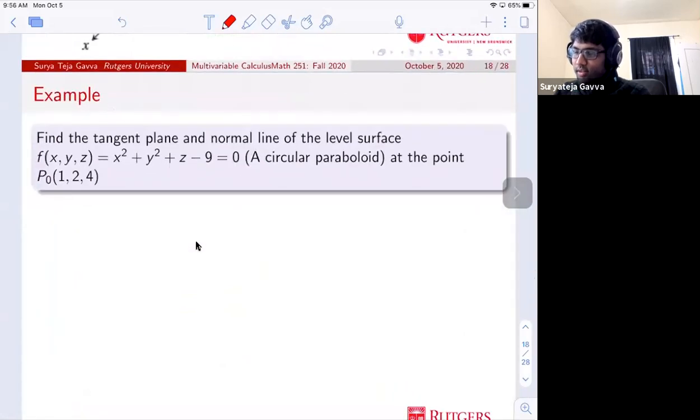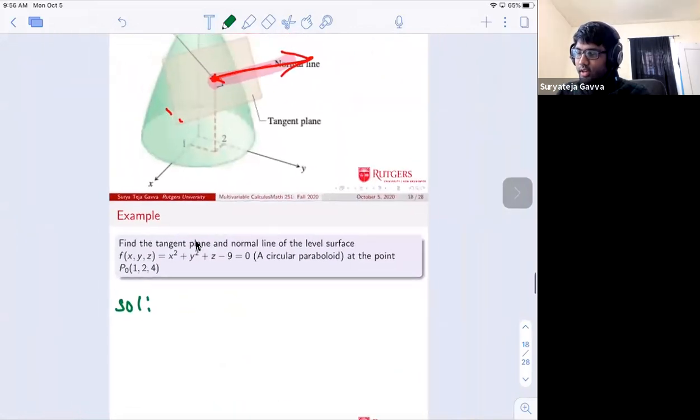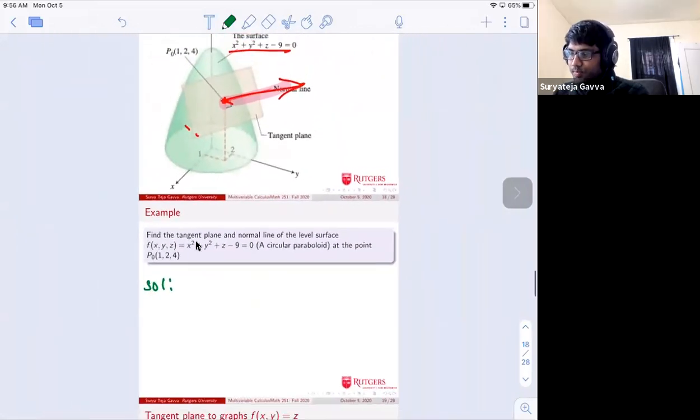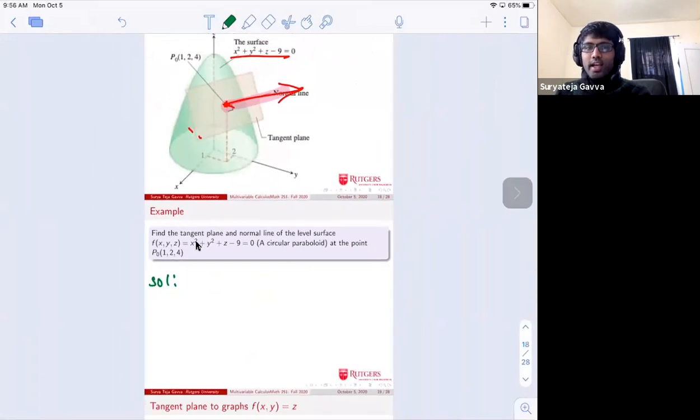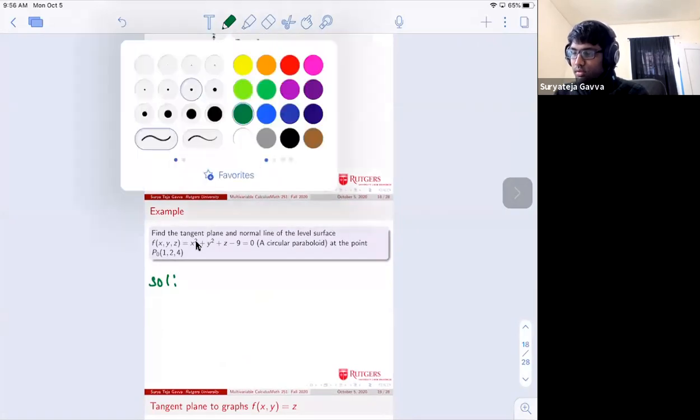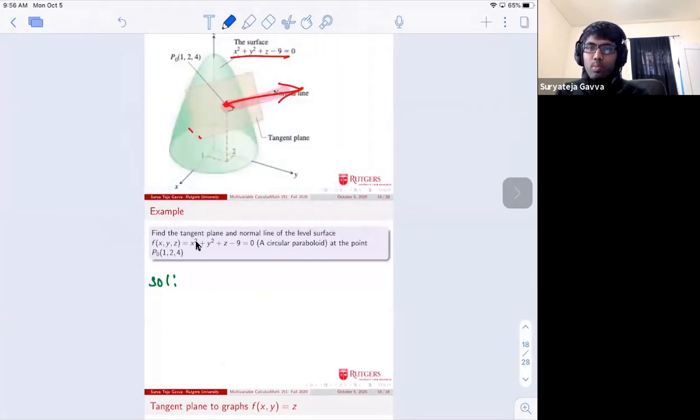You have the surface given above, and I want to find the tangent plane. So what is the equation of the tangent plane at some point which is (1, 2, 4)? Can you guys tell me what I do? What do you need to do to compute the equation of the tangent plane?